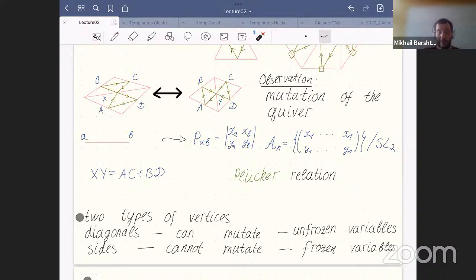We cannot mutate at the sides. And this is somehow a typical story. Quite typically, when people study clusters, some of the vertices of the seed are called frozen, which means that we cannot mutate at them, and some of them are called unfrozen, so we can mutate.